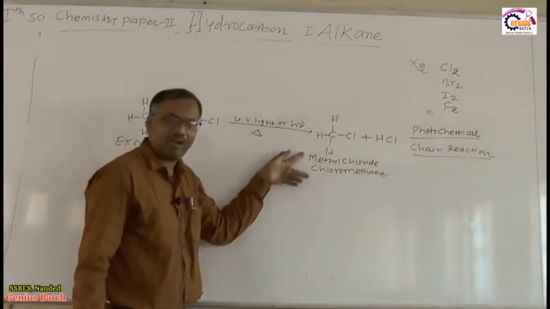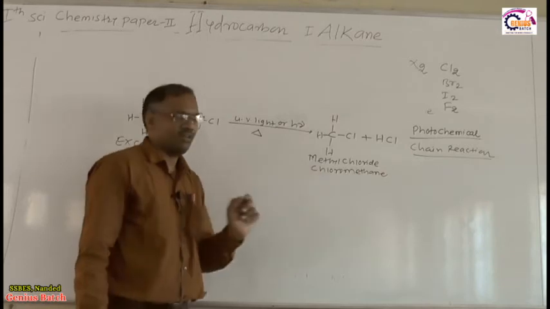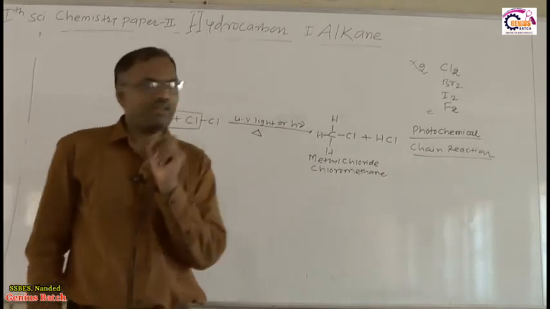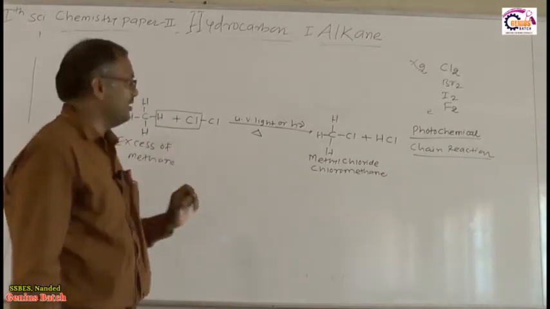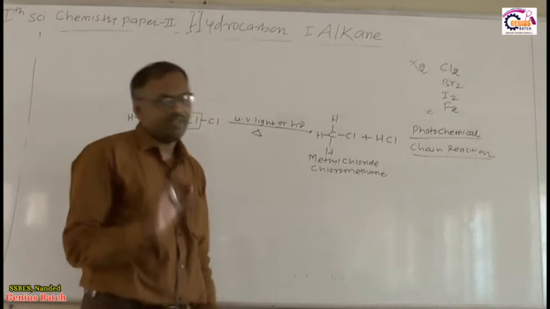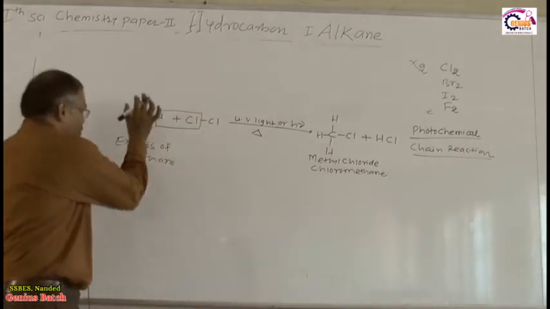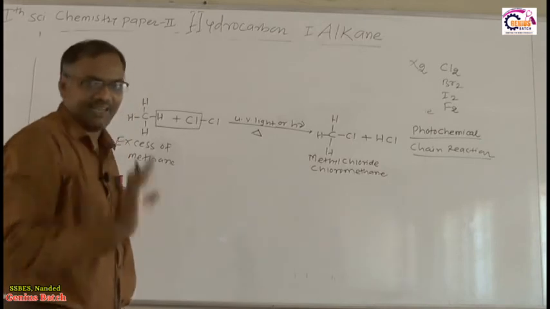This methyl chloride or chloromethane is the monosubstituted product. Have you understood what the polychlorinated product and monochlorinated product are? So these are the 2 ways to carry out the chlorination of alkane.